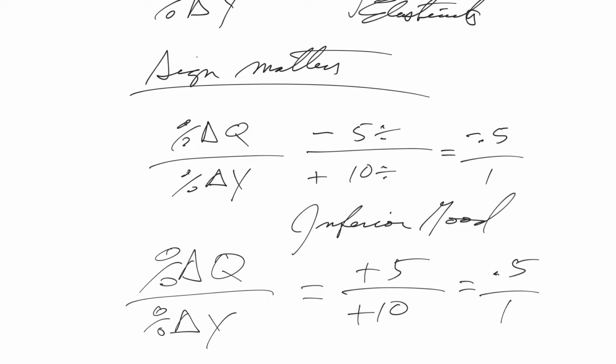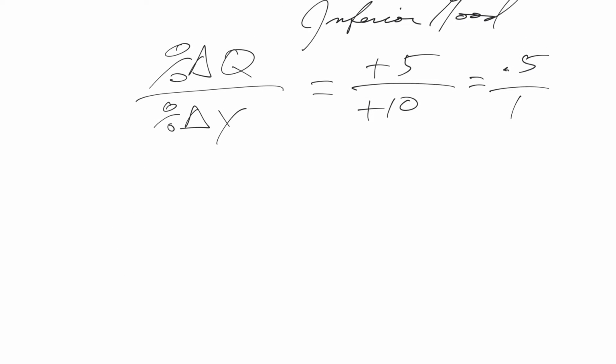What kind of good is that? Well, if it's a positive sign, we know we have a normal good. Okay, that's it for income elasticity. We'll say more about that in a minute.